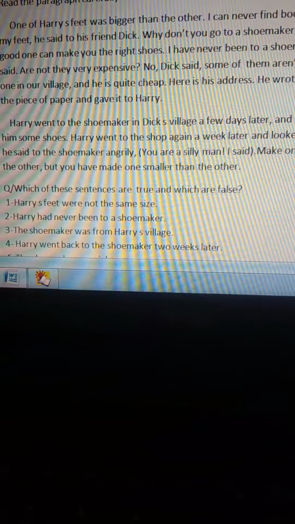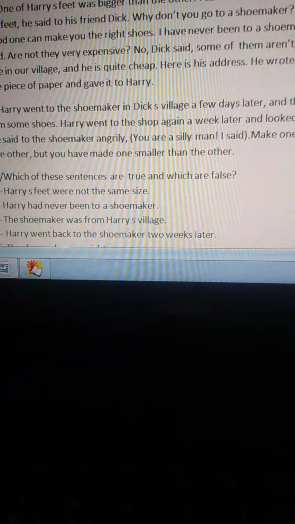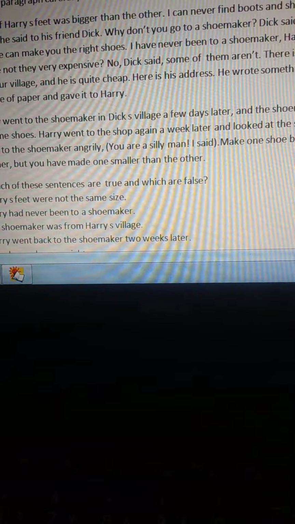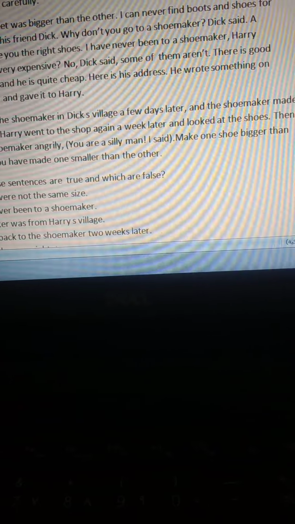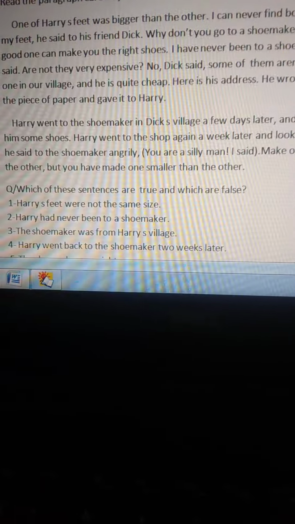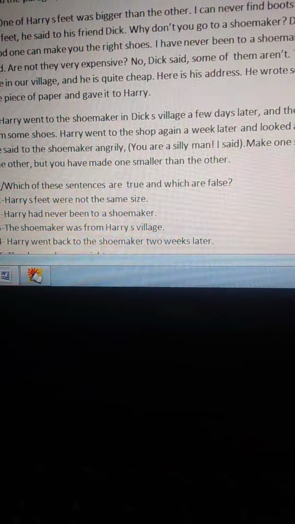Then he said to the shoemaker angrily, "You are a silly man. I said make one shoe bigger than the other, but you have made one smaller than the other."